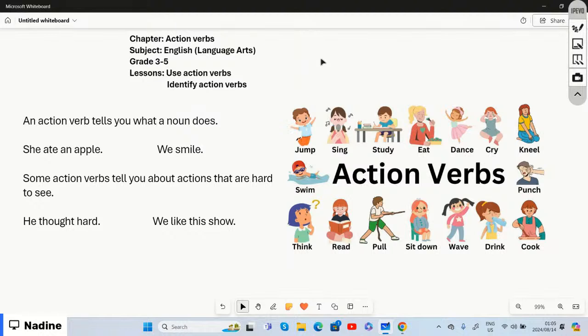And the lesson that we are going to be focusing on today is to use action verbs, and to identify action verbs.